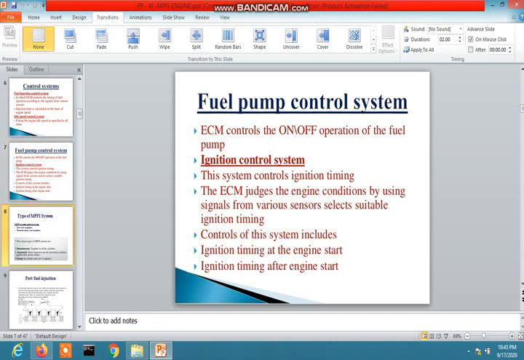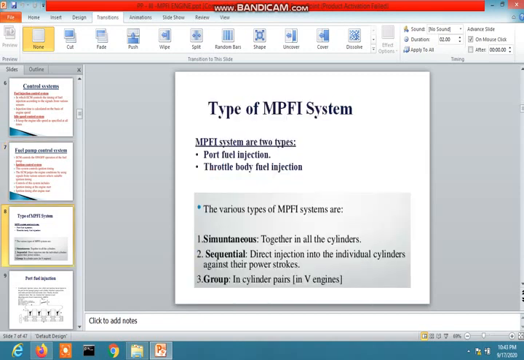Now the types of MPFI system. Basically MPFI systems are of two types. Before explaining the types, first of all, what is the purpose?